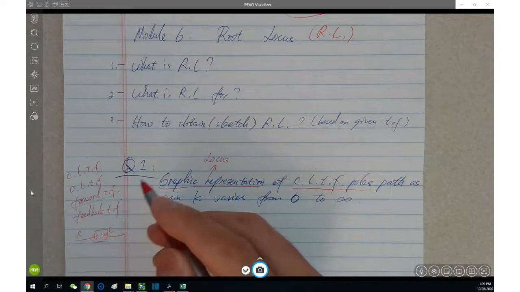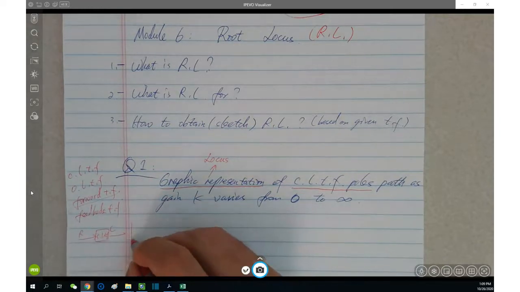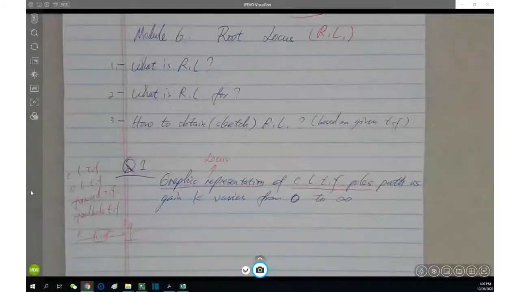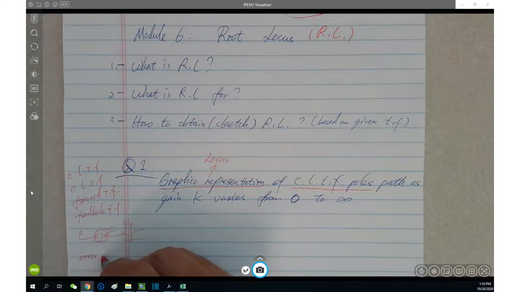Except we directly observe the output, which is C. And then you know your reference, right? The difference between them is the steady state error. You can tell that. Does it make some sense? So, steady state error is what? Steady state error is always the difference between the input reference and the output.